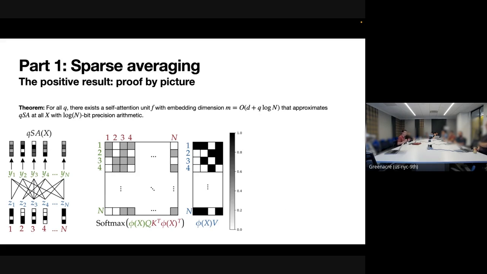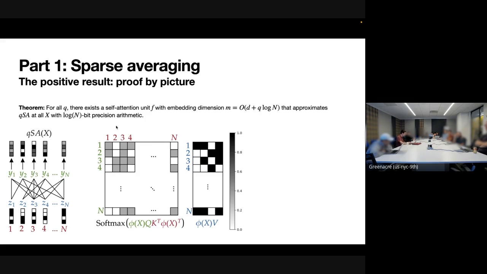One of the most natural ways we could implement that, if we were able to control everything in the model, would be to have the value matrix correspond to the things you will be averaging over. So in this case, the Z_i's down below. And then we want each element of the outputted softmax to be zero if the element is not in the average, and 1 over Q if the element is in the average.